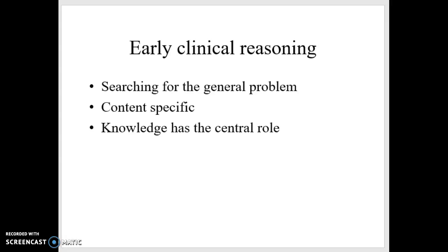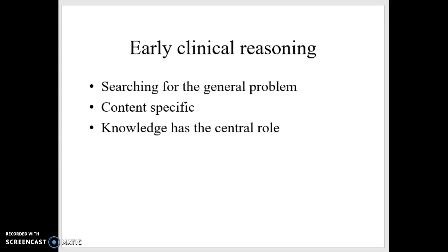You'll be able to use the problem-solving skills that you have learned to search for general problems. You will look at these problems from a very content-specific perspective and understand that knowledge will play a central role in what you're doing.